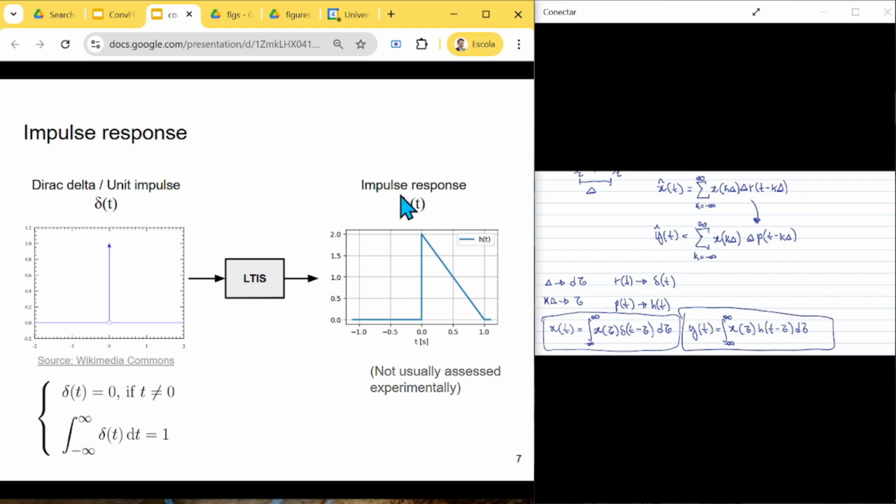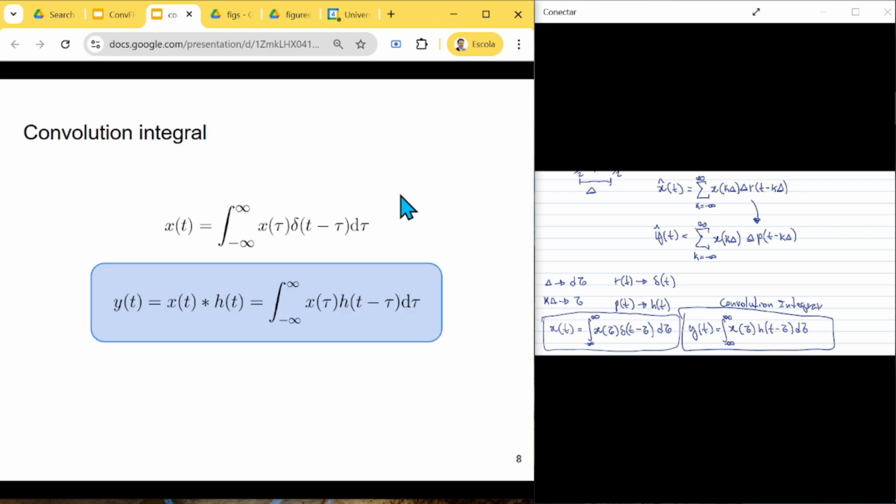Okay, and this is the convolution integral. This is the convolution of x and h. We can also represent it with an asterisk, like this. This denotes that I'm doing the convolution of the two signals.